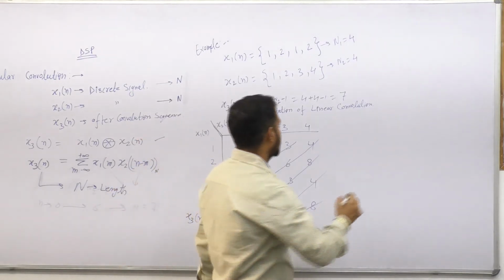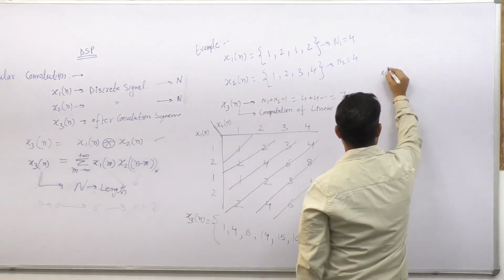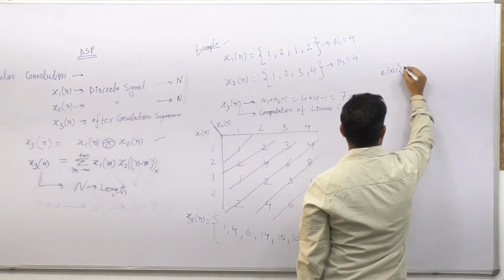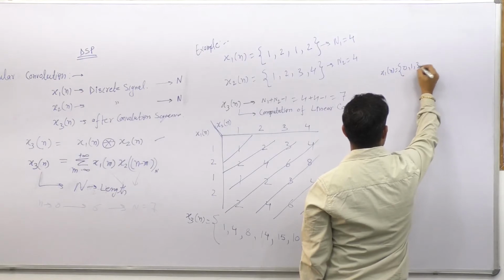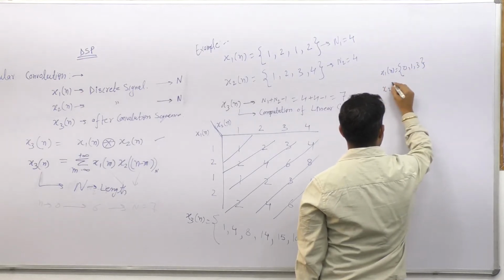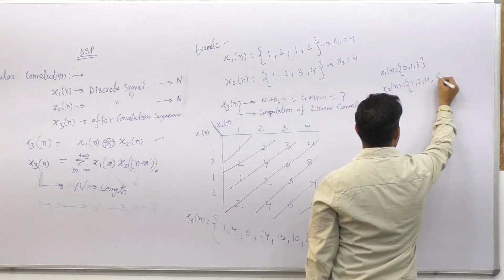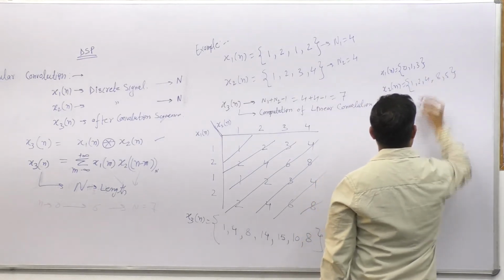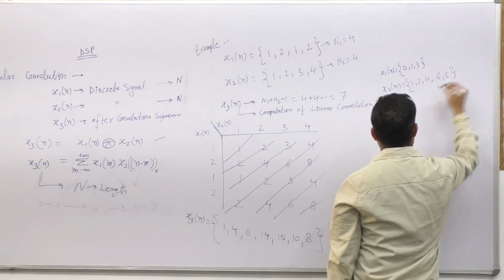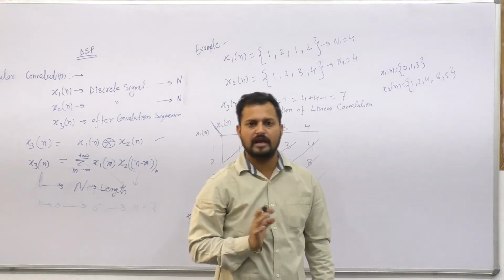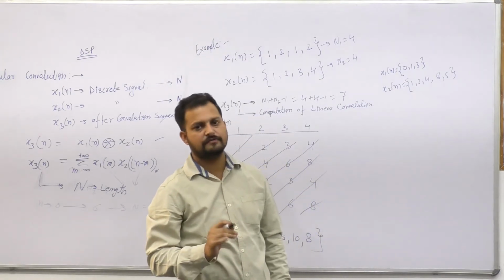For example, if we take x1[n] equal to 1, 2, 3. This is one sequence. x2[n], let's take 1, 2, 4, 8, 5. This is having 3 and this is having 5 terms, right? So the minimum n which can be computed is 5.